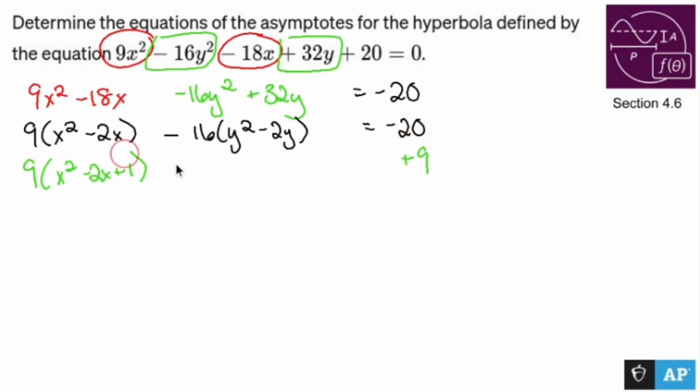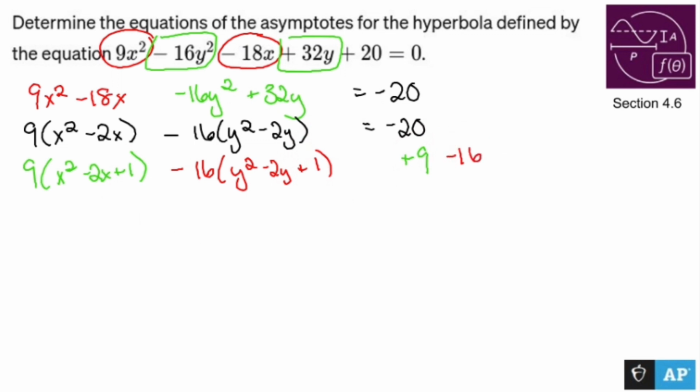Similarly over here, the same thing is going to happen. Minus 16, take half of the number in front of y, which is -1, square that, which is positive 1. And by doing that, -2y + 1, I am subtracting 16 from both sides.